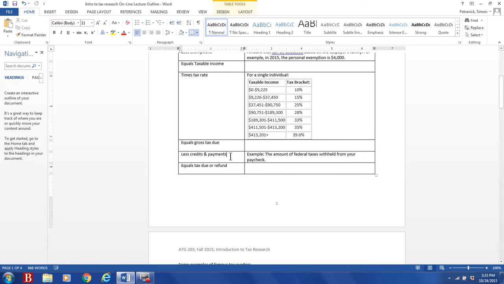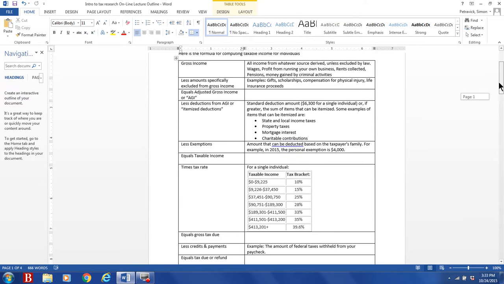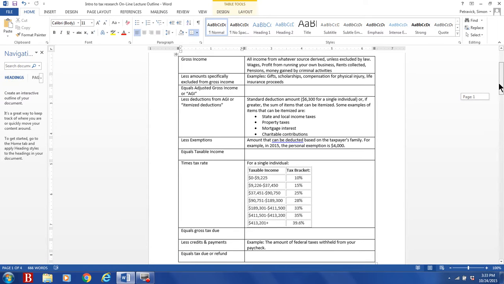If the payments you made are less than the taxes that are due, you're going to owe some taxes. So that's the basic formula for computing income taxes. Like I said, be familiar with these steps, and you should be okay.